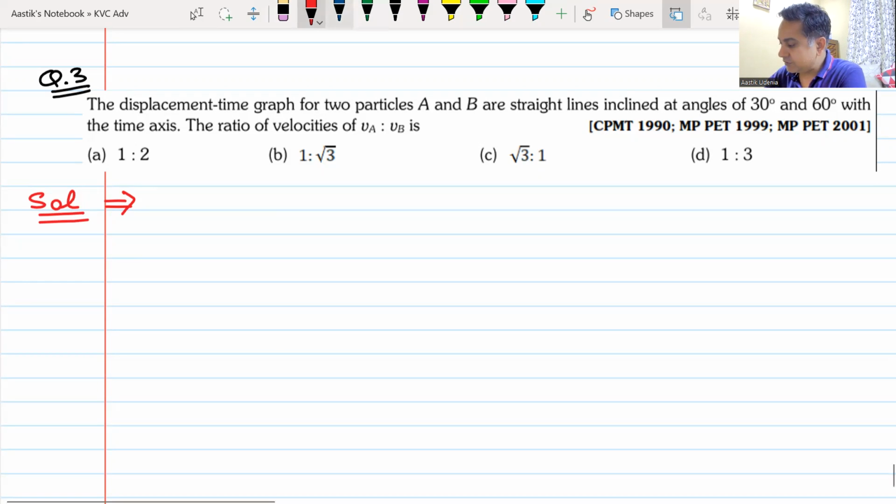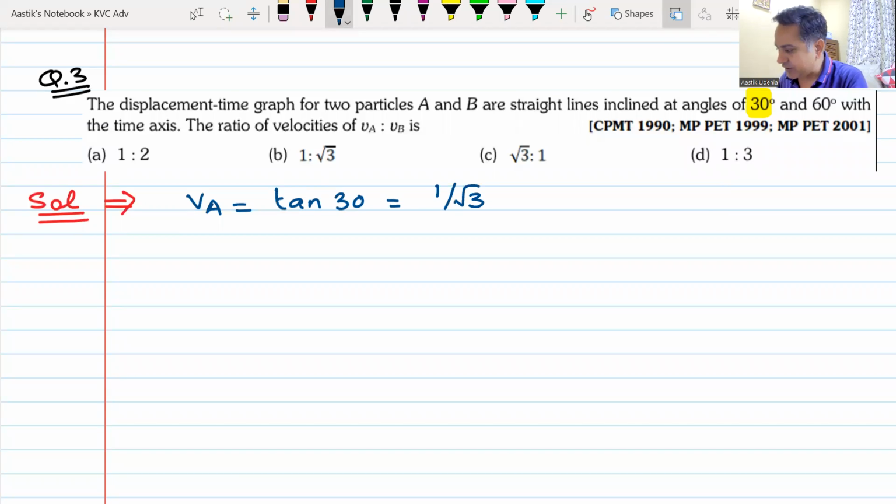Can you tell me? To find out the velocity of A, you have to find the slope of the displacement time graph of body A, and it is inclined at an angle of 30 degrees. So tan of 30 degrees will be the slope. Tan of 30 will be 1 by root 3.